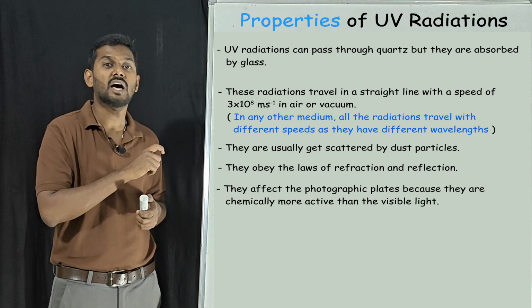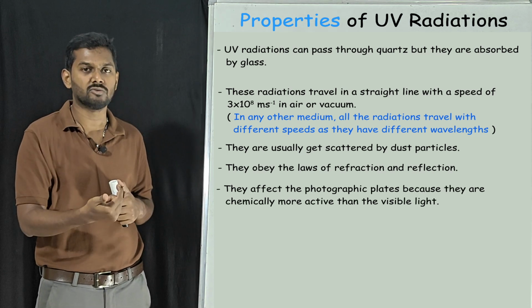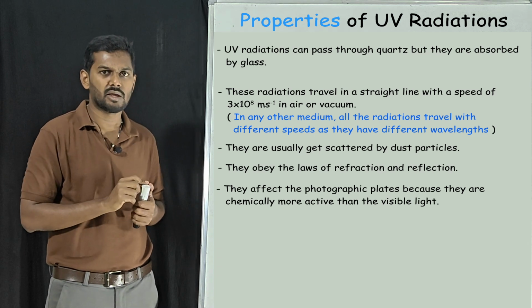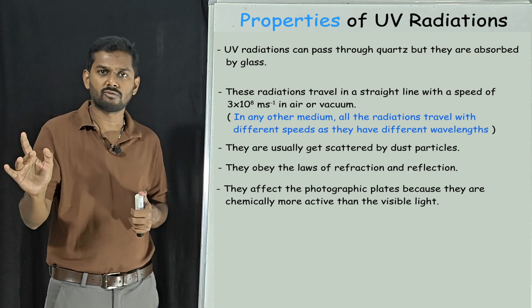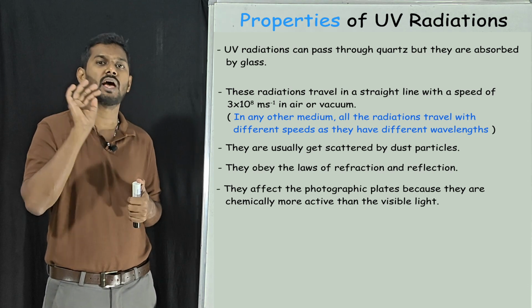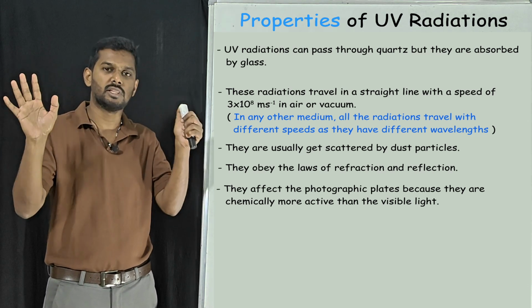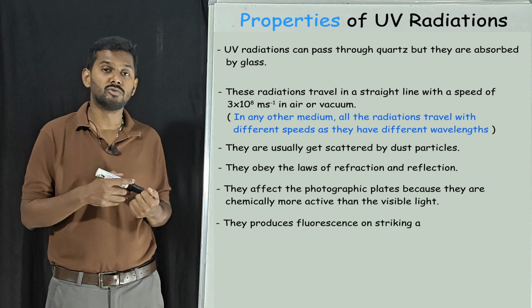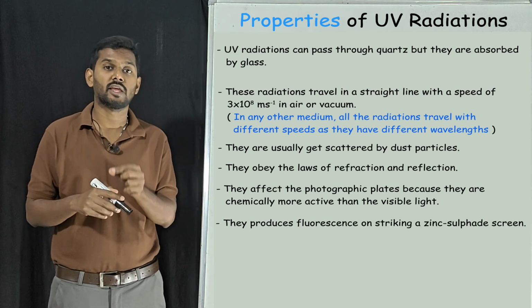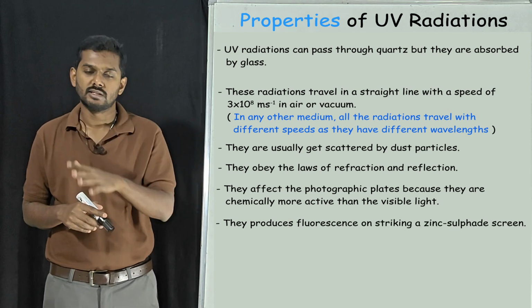Why? Because these are chemically more active than the visible rays. Keep one thing in mind, do UV rays affect the photographic plate? Yes. Why? Because they are chemically more active. That's it. Our last property: these ultraviolet radiations produce fluorescence on striking zinc sulfide screen.